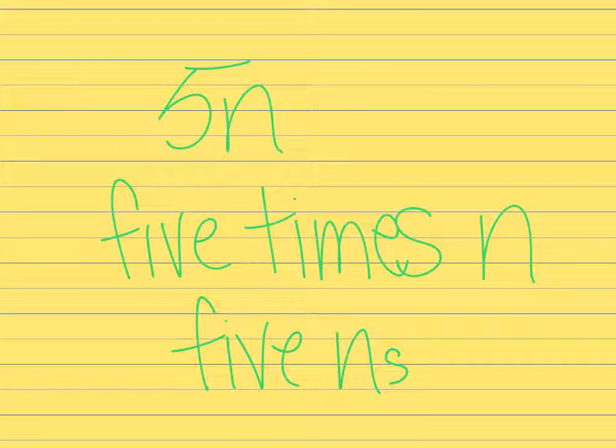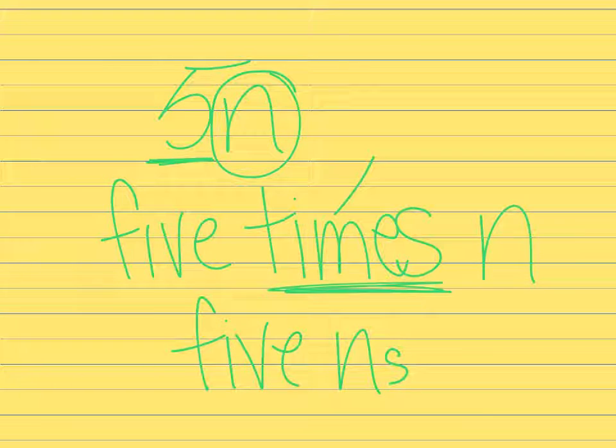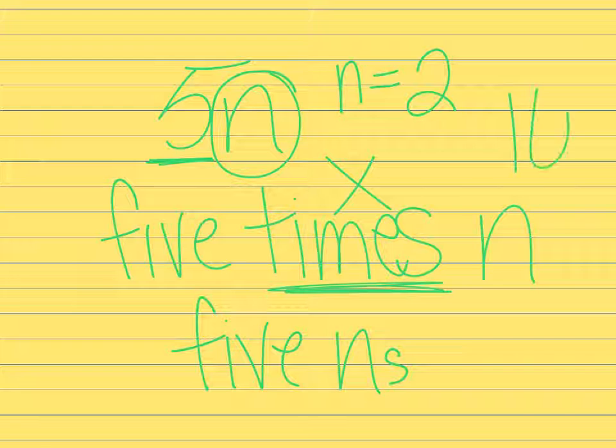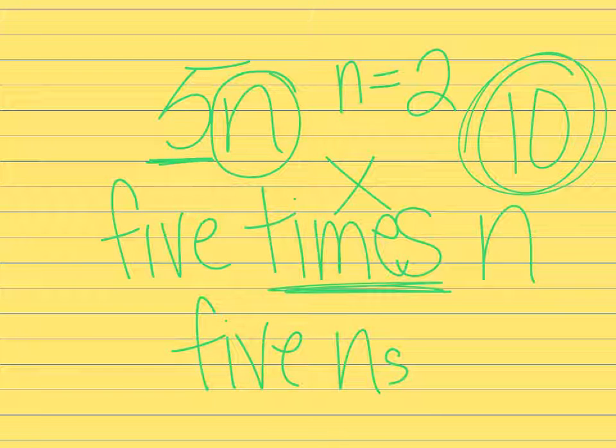Because if I have a number right next to my variable, right next to it, that means I'm multiplying. So 5 times of course tells us that we're multiplying. 5 times n. Now if I told you n equaled 2, then my answer for 5n would be what? That's right, it'd be 10, because I would substitute the number 2 for the n.